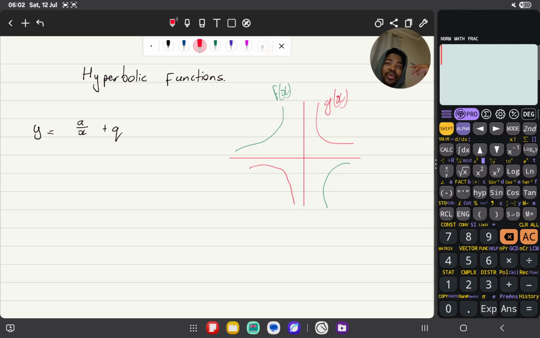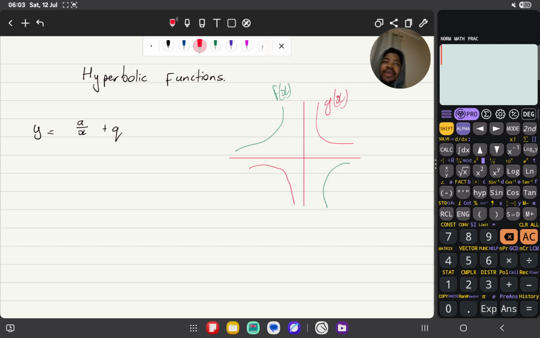As for the structure of a hyperbolic function, we know that if you have an equation with a couple of terms, maybe two, and the highest power is one, and we only have one variable, we are talking about linear functions.